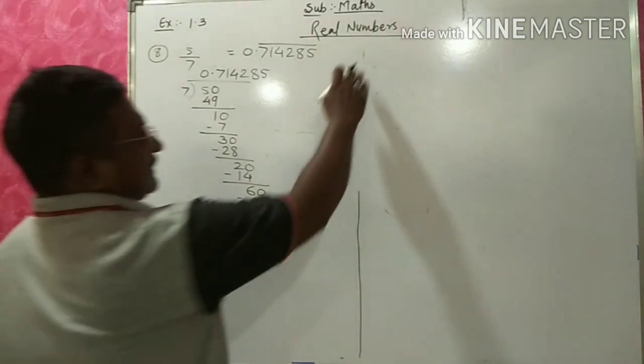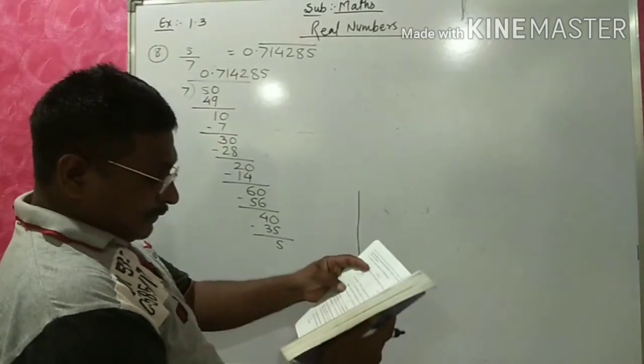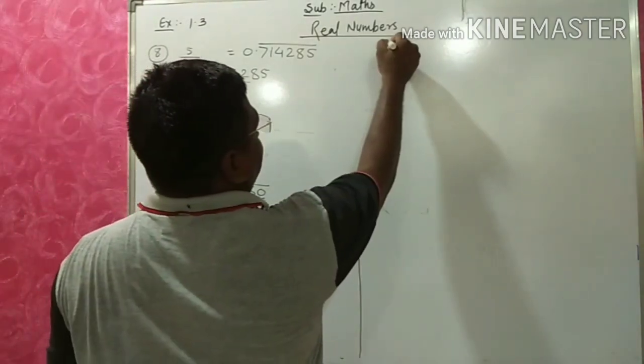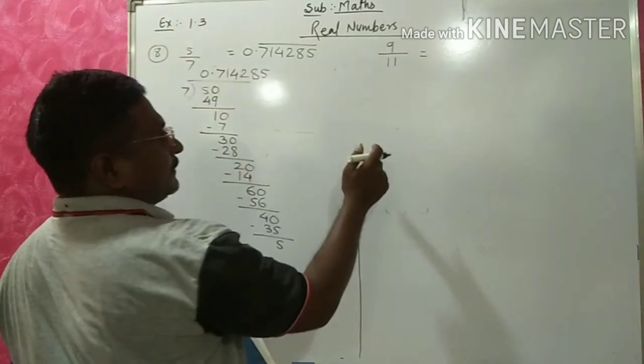Now the second number's decimal expansion. The second number is 9/11. So 9/11's decimal expansion has to be written.